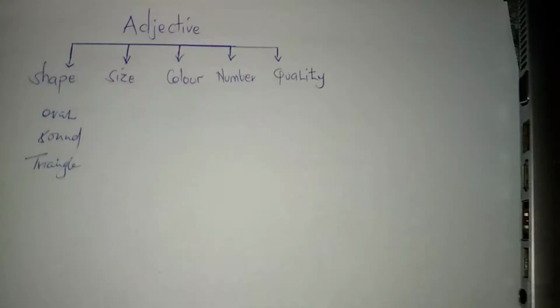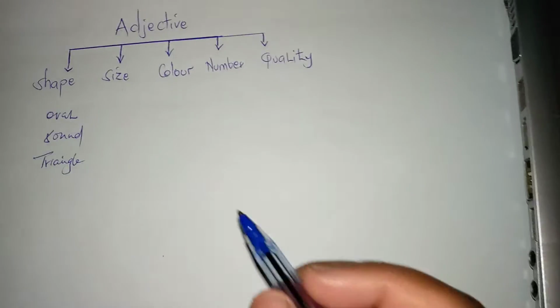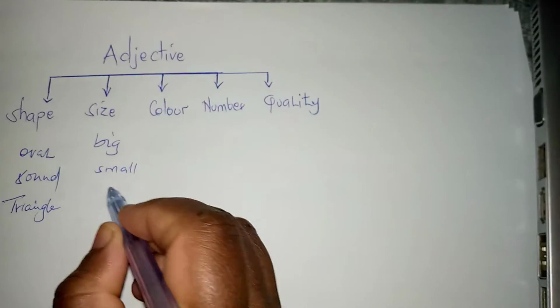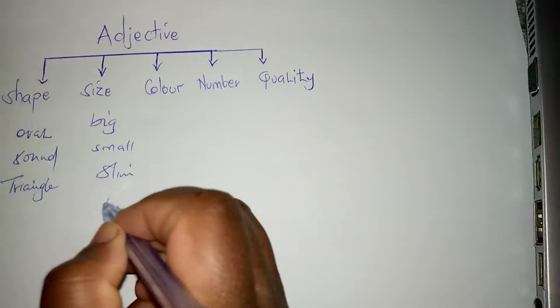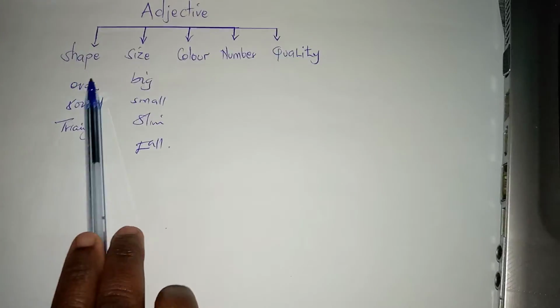If it doesn't explain the shape, it will tell you more about the size of something, which will be big, small, slim, tall, and more.